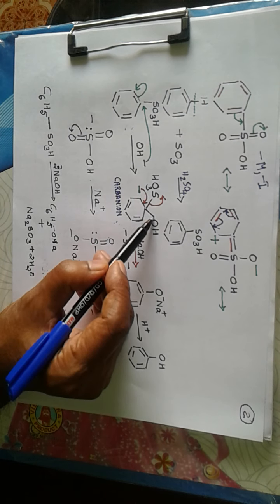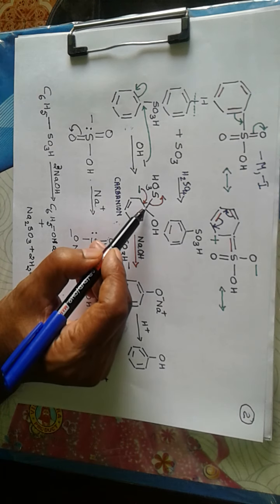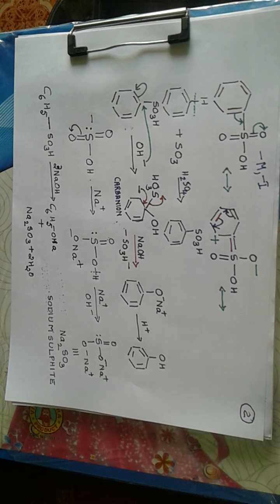Now the carbon to oxygen bond is stronger than the carbon to sulfur bond because sulfur belongs to the third period, and the sulfur atom will possess a 3p orbital, a hybridized 3p orbital, for bonding with the 2p hybrid orbital of carbon.